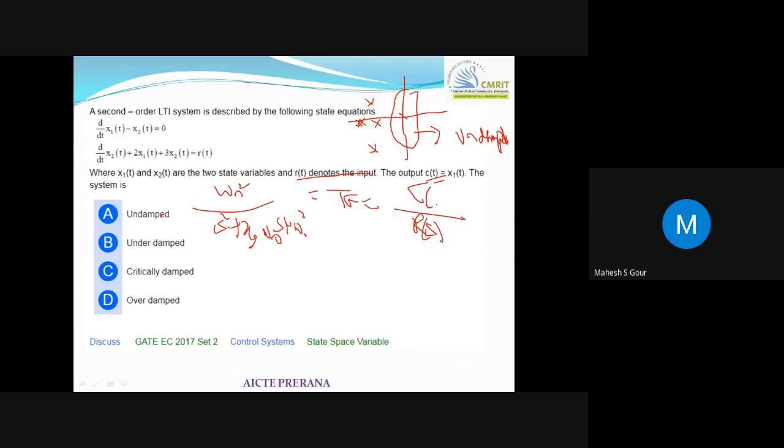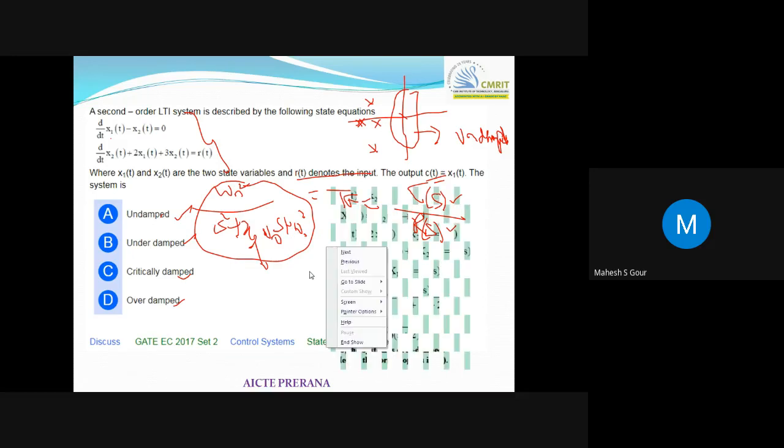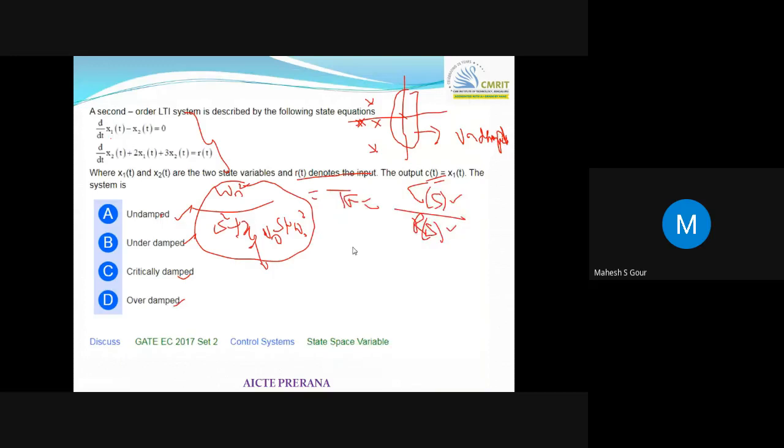So the transfer function should be C of s divided by R of s. I need to derive this and get C of s divided by R of s, so that it will be converted to this form, and I'll get my zeta, and zeta will tell this. See how here they are going to mix the questions. This is a speciality of the GATE exam. They'll mix the questions.